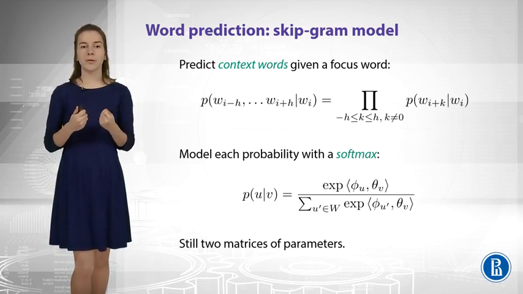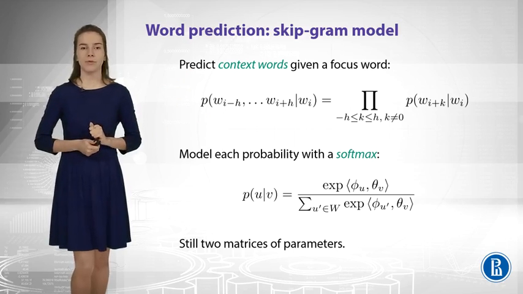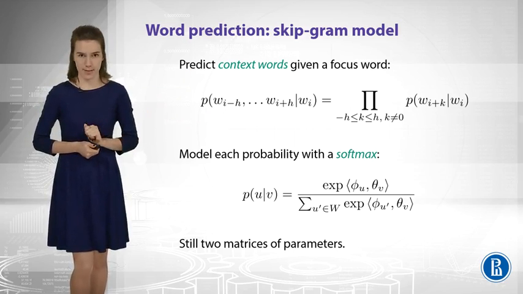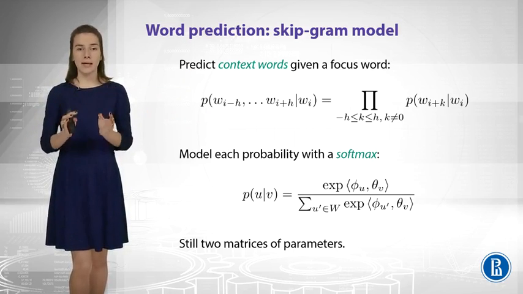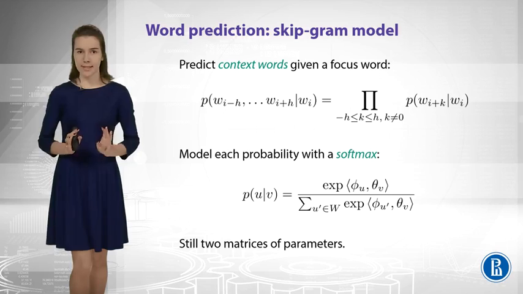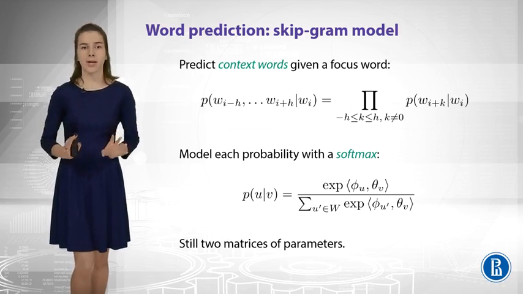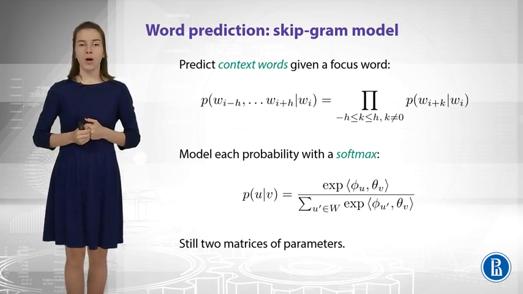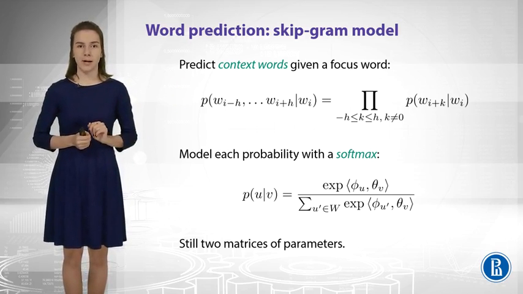Now, how do we produce these probabilities? You can see the formula in the bottom of the slide, and you might recognize that it is softmax. Okay, so it means that it will be indeed normalized as we want, as a correct probability distribution over the vocabulary. Now, what is there inside? Again, inner products between phi u and theta v.